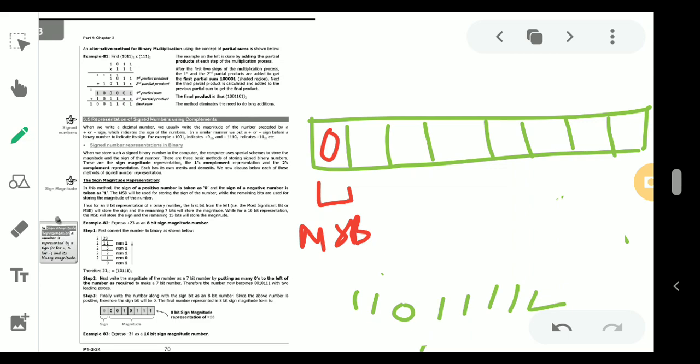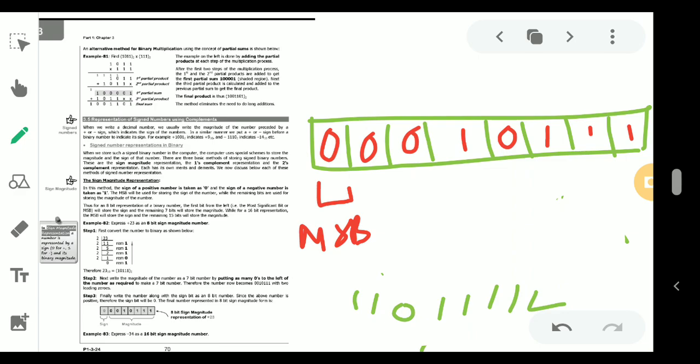Whatever answer we got, 10111, you start filling from the right hand side: 1, 1, 1, 0, 1. The remaining 2 positions are blank, and since we cannot leave a blank in the representation, we put 0 there.